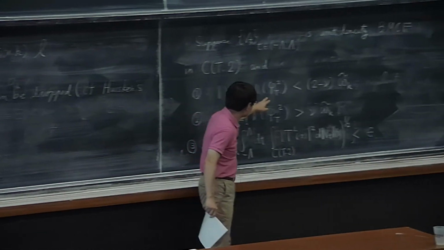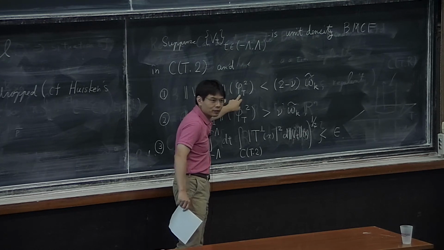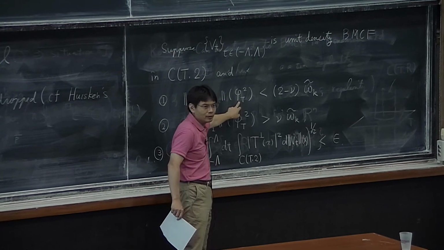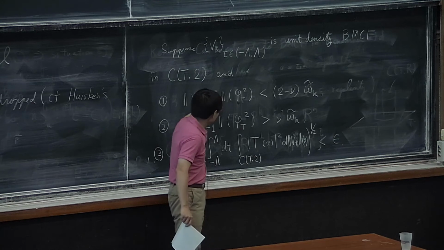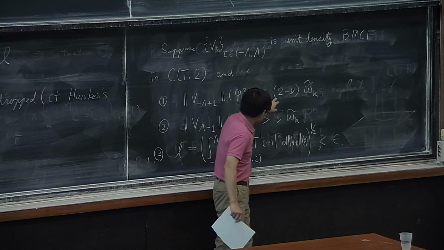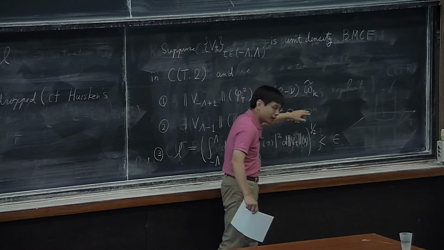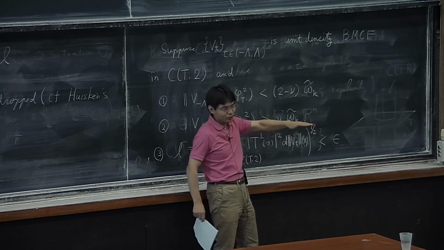Remember this is like the characteristic function of the cylinder of radius 1. So this is saying that you don't have like 2 disks, 2 planes.